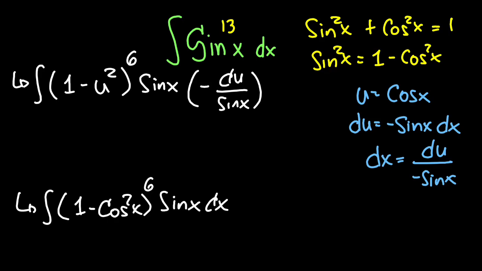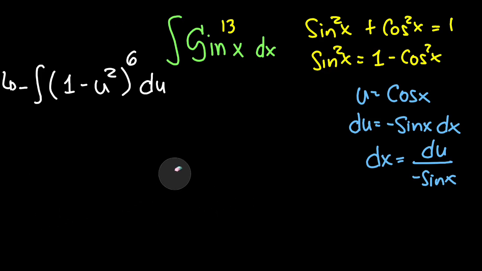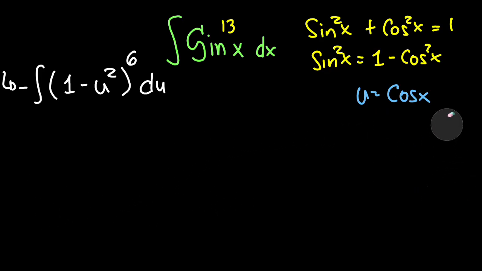You can see here that sine of x would cancel, leaving you with a negative du. And we can put this negative sign outside the integral. So this is what we are left with now.